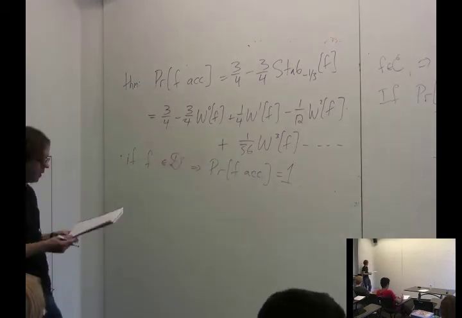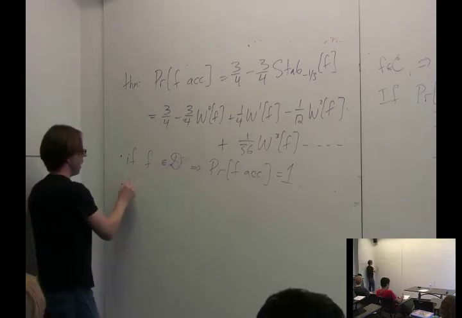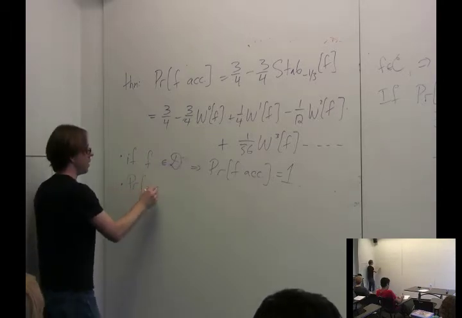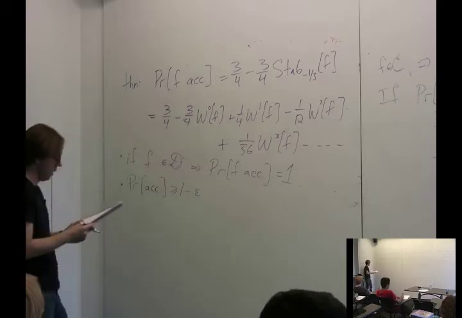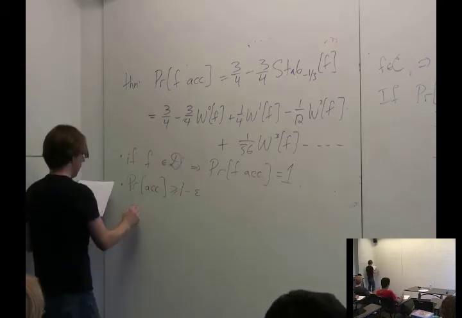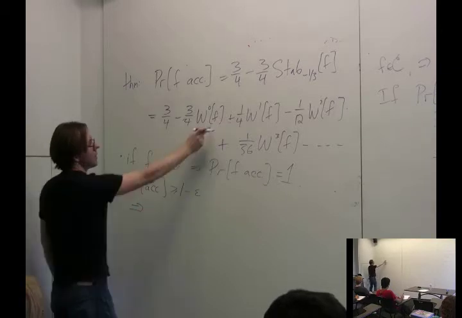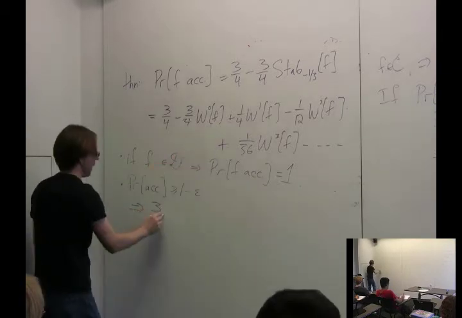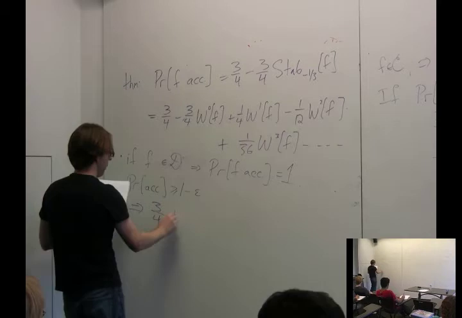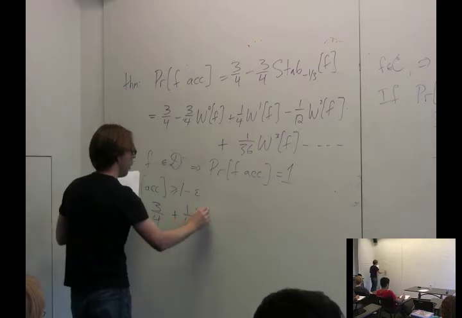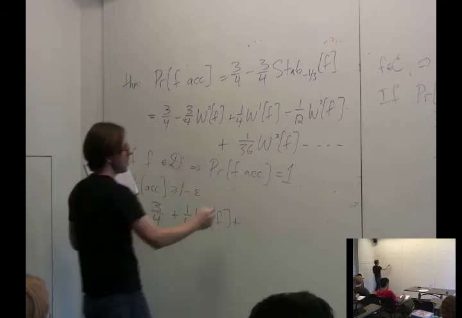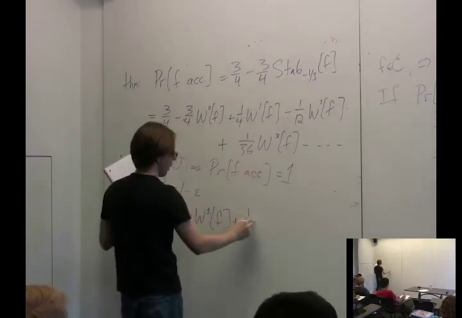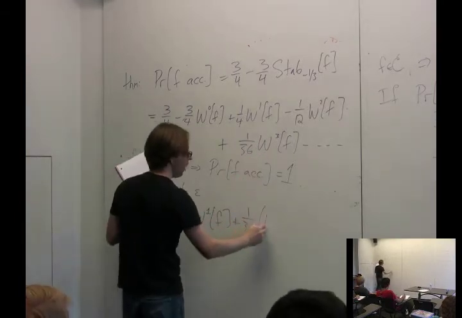In particular, if the probability of acceptance is at least 1 minus epsilon, then the biggest this right-hand side can ever be is 3/4 plus 1/4 times the weight at level 1, plus the next best thing, which is having all your remaining weight at degree 3, so plus 1/36 times all the remaining weight.